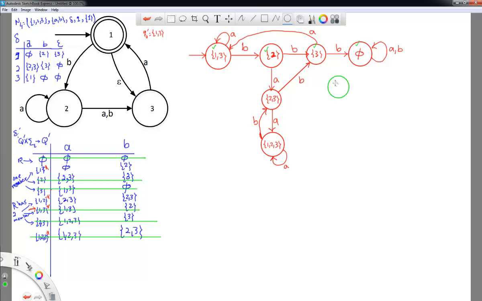State 1 over with A goes to phi, and over with B goes to state 2. So I'm going to draw it kind of wiggly, and so that's that state. And for these, I'm going to draw a gray line on them. So these are not reachable.